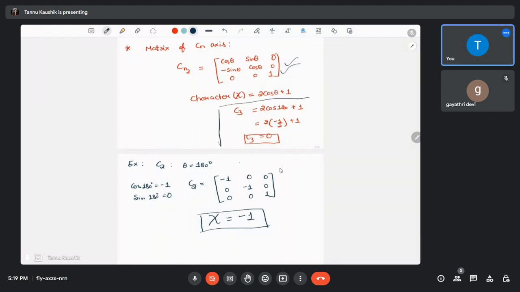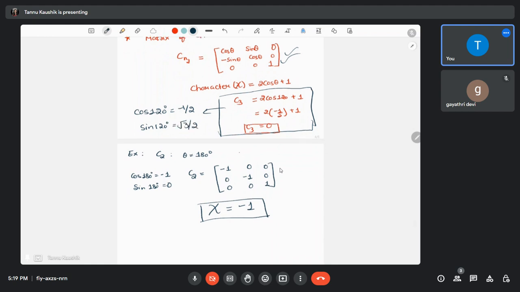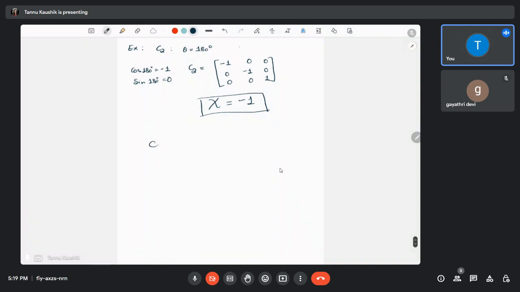For C3, I have solved it over here. And for C4 axis of rotation, where theta is 90 degrees, the matrix will be 0, 1, 0, minus 1, 0.